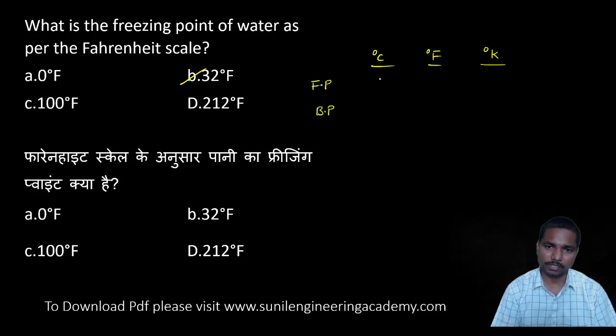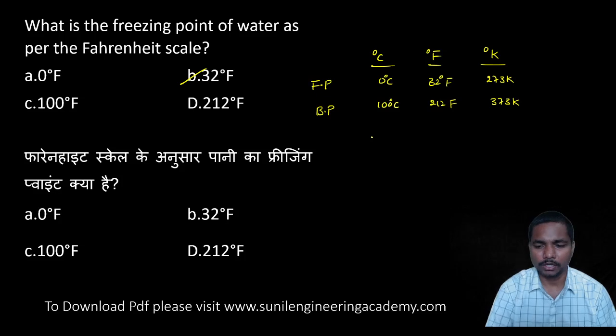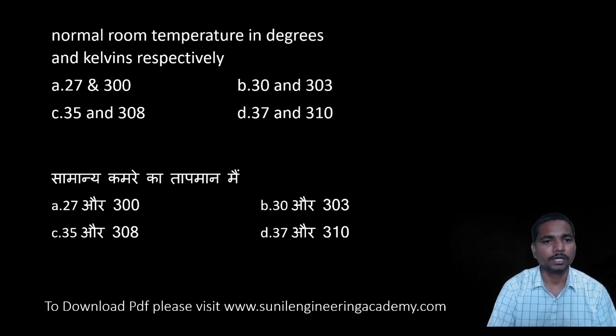Freezing point of water is 0 degrees Celsius, 32 degrees Fahrenheit, 273 Kelvin. Boiling point is 100 degrees Celsius, 212 Fahrenheit, and 373 Kelvin. So these points are very important. Answer is option B.